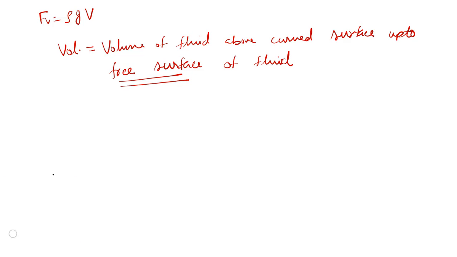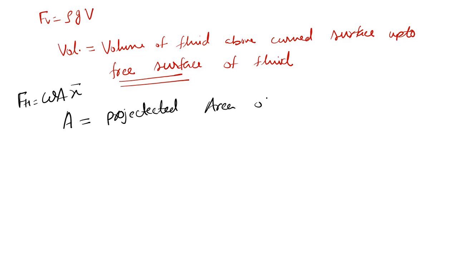Next thing was area. What was the area in that formula? In which formula? In the horizontal one, rho g A x bar. It is the projected area of the curved surface on the vertical plane.